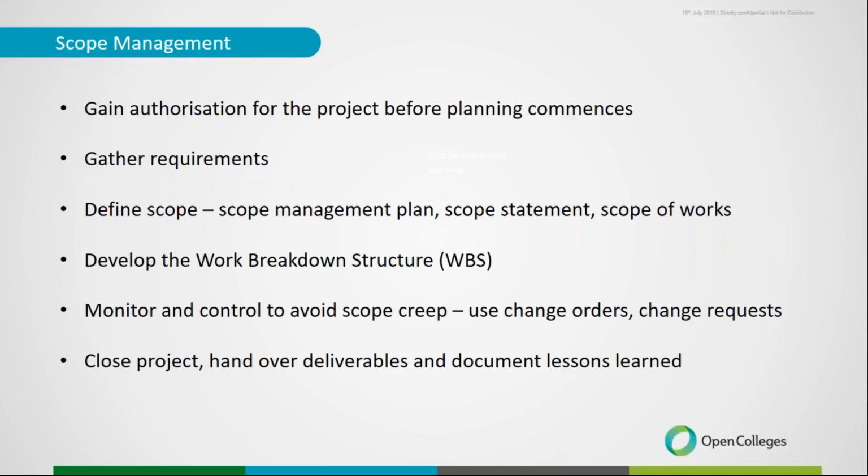What we have here, this next part, is monitoring and controlling to avoid scope creep. A lot of projects do change, or things get added, or decisions are modified, they may be expanded, they may be reduced, and there's a couple of reasons why that might happen, which we'll look at on the next slide.